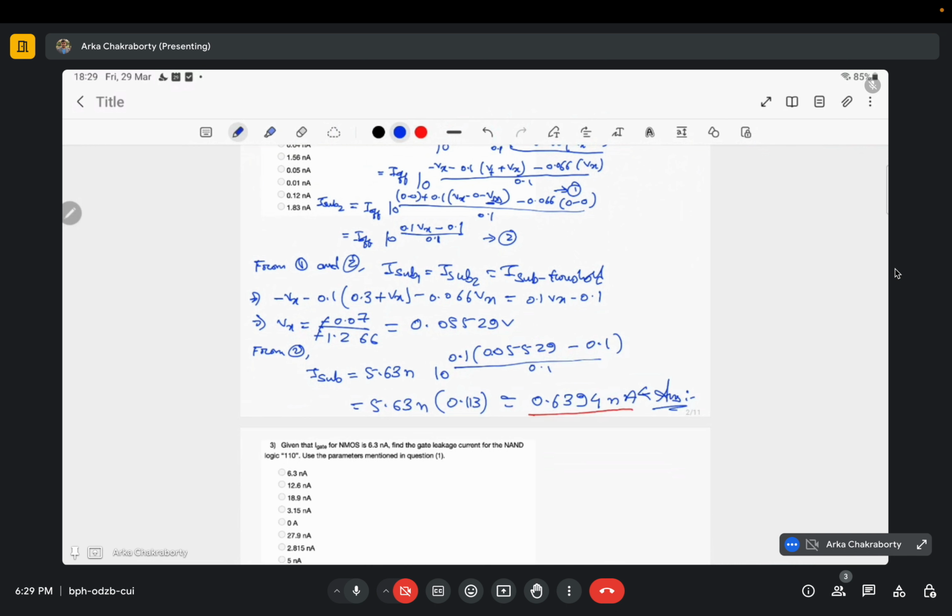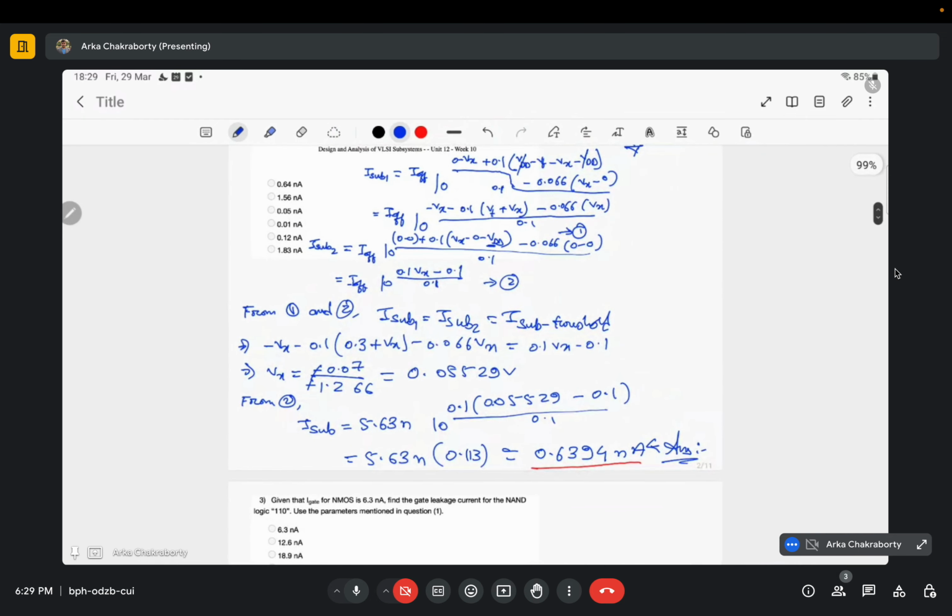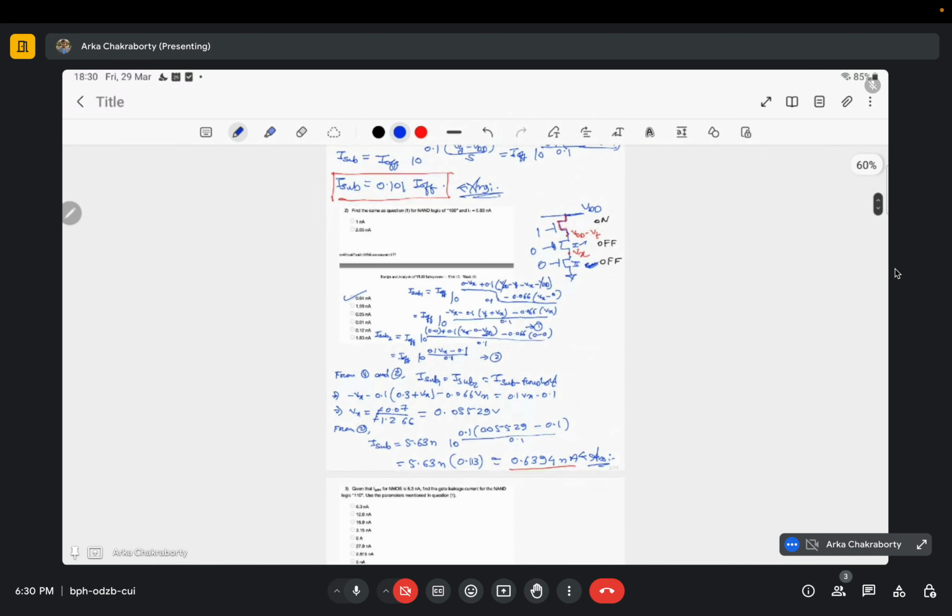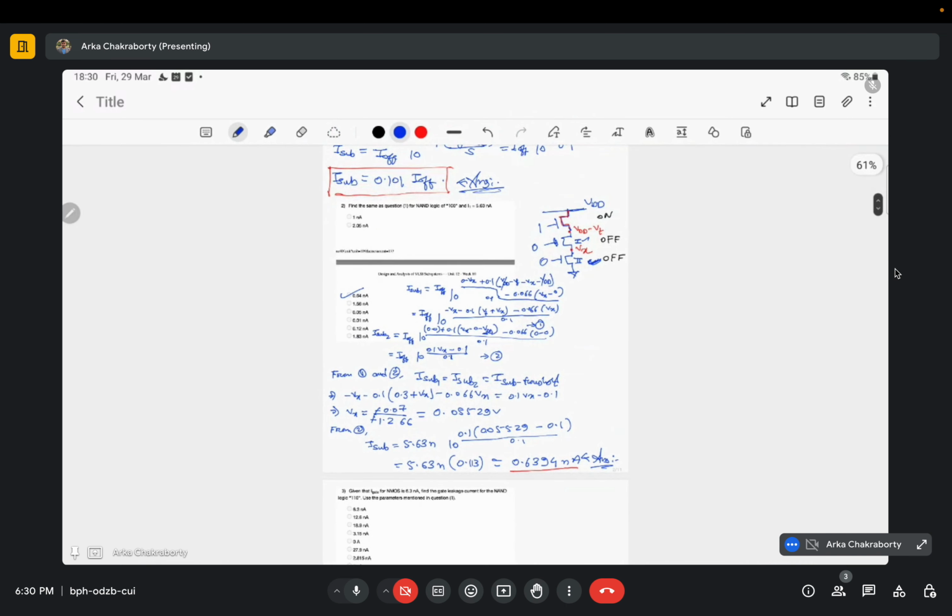Okay, so 0.6394, that is 0.64 nanoampere. This is the answer. Clear? How we are getting it? Basically, if you can identify the node voltages and if you equate the currents, then you can solve any such problem.